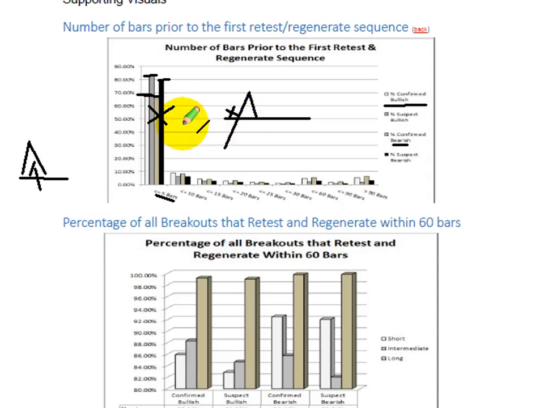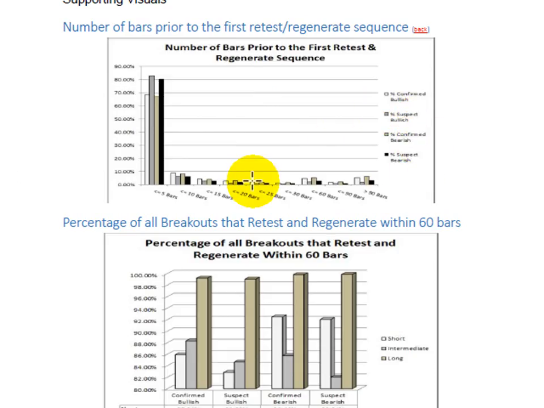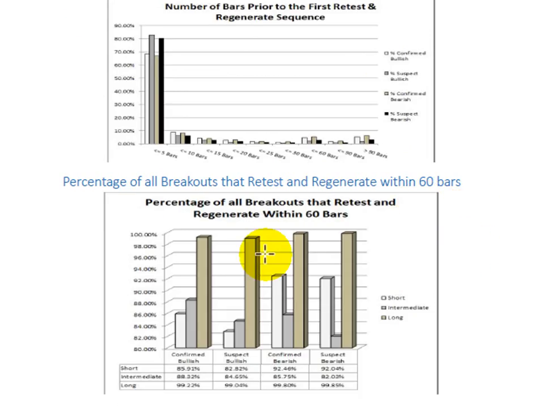And the one case that you really want to focus on, if you're going to buy the breakout, is the confirmed case, right? Confirmed bearish or bullish. That's where your highest probability is that it won't come back, but still 2/3 of the time it will.